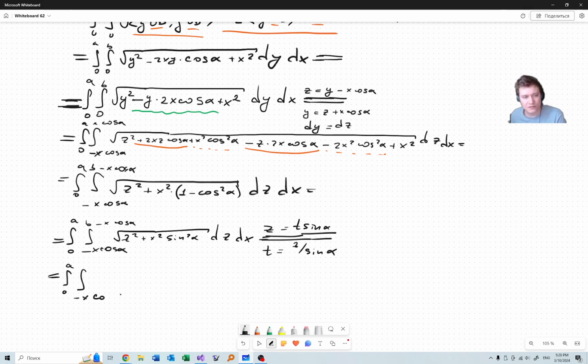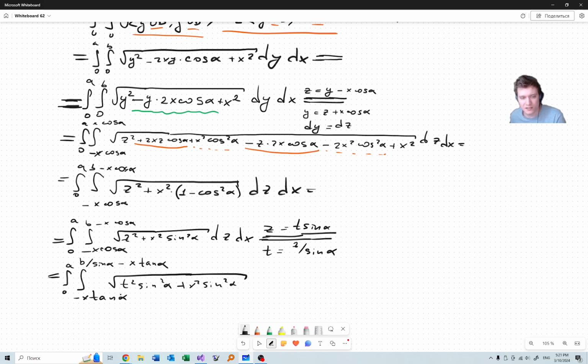So now instead of this thing, we have t is z over sine alpha. So we have here tan alpha, and here we have b over sine alpha minus x tan alpha. Okay, let's look here. Instead of z squared, we have t squared sine squared alpha plus x squared sine squared alpha.